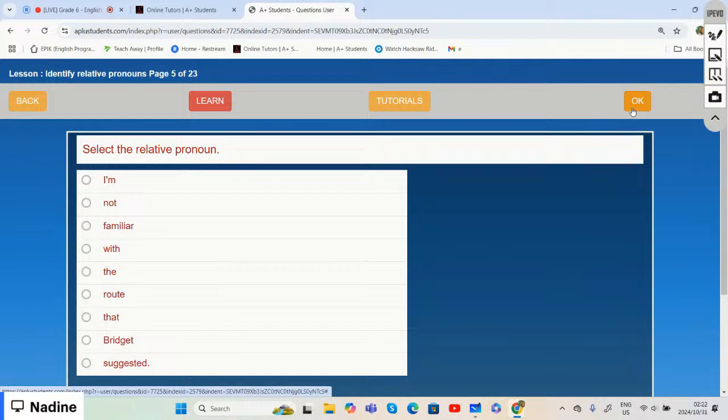The next one says, I'm not familiar with the route that Bridget suggested. We need to select the relative pronoun within that sentence.